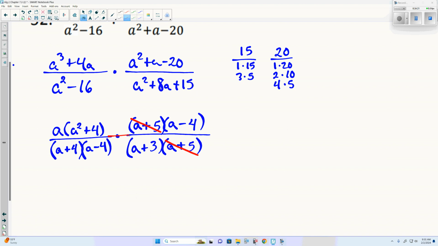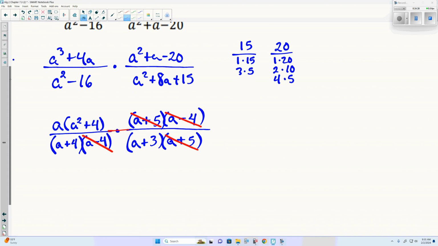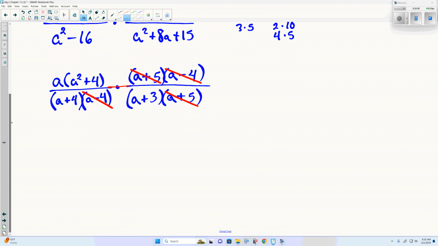We can also multiply these, connect them, and also have what in common? A minus 4 and a minus 4. And that's everything we have at this point.